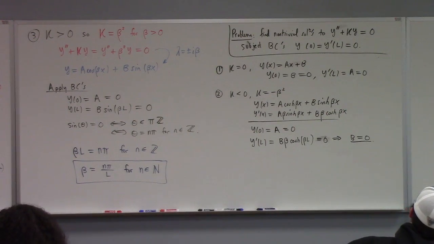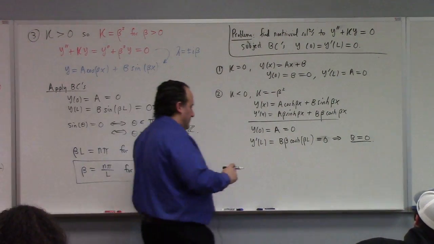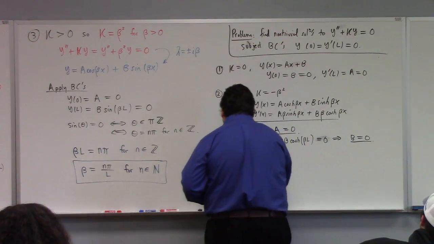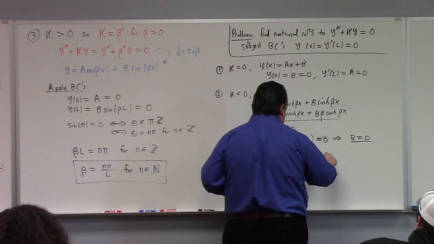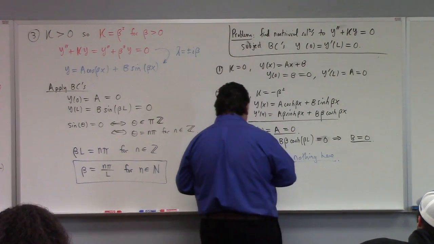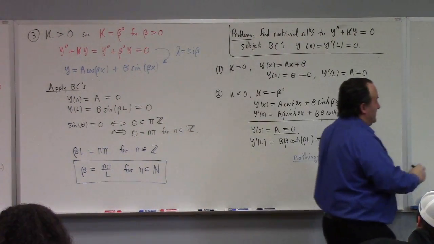So finally we come to case 3, right? So in summary, nothing here for k negative or zero.